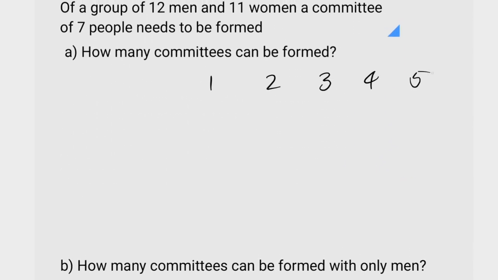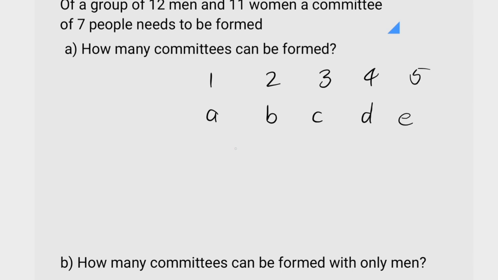If person A is at 1, B is at 2, C is at 3, let's say it's a 5-person committee just for space, this is the same as this, because there's no order of importance here that matters. And so in those cases, as we know, we would use the combination formula.